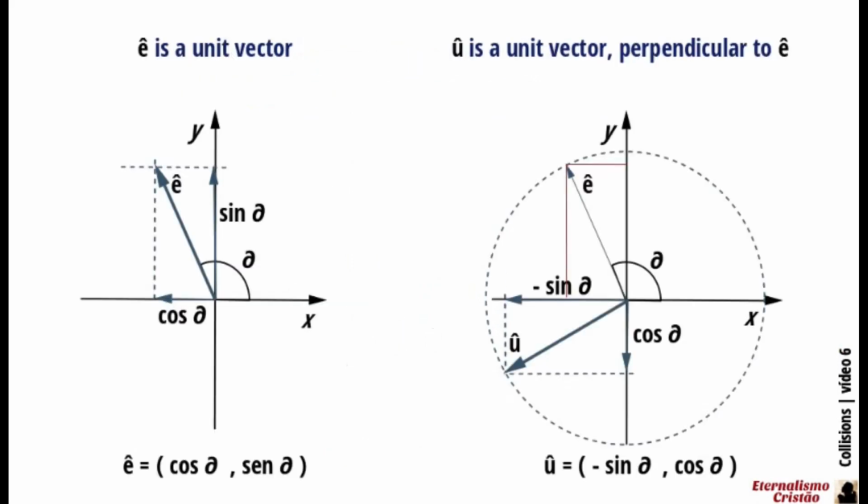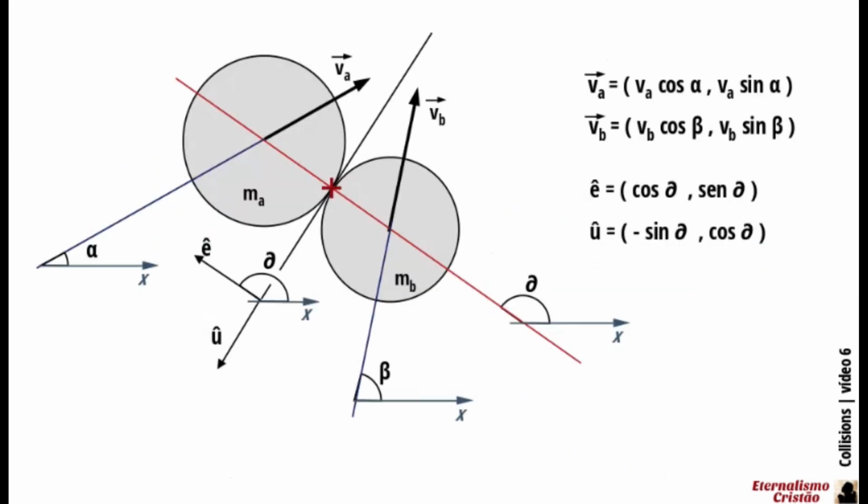Our unit vectors are perpendicular and can be defined just by the angle delta. We describe the initial velocities by their magnitude and the angle they define with the x-axis.